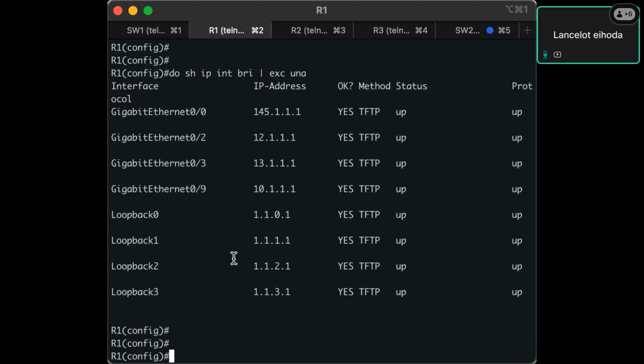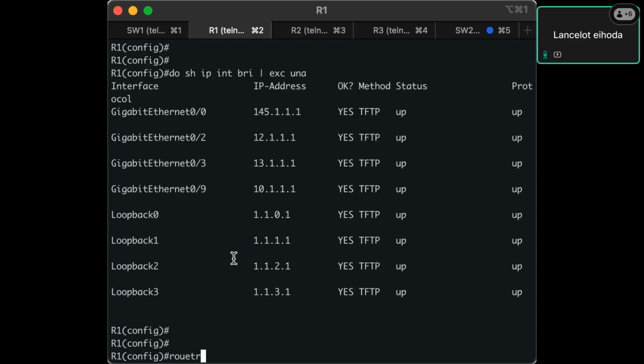So EIGRP can be configured in two ways. You can use classic EIGRP, or you can use named EIGRP. The problem with classic EIGRP is that we have to specify every address space differently, every autonomous system differently, every VRF differently. Let me give you an example.